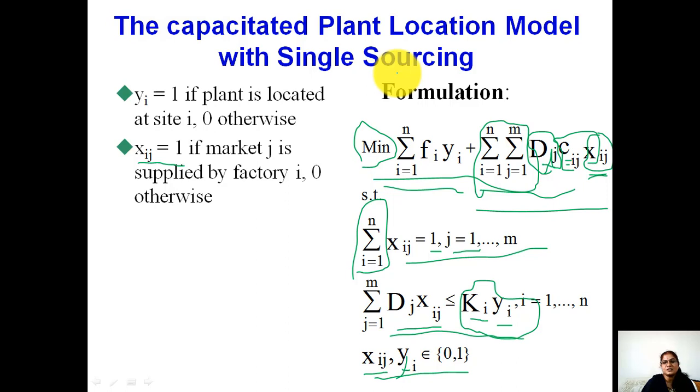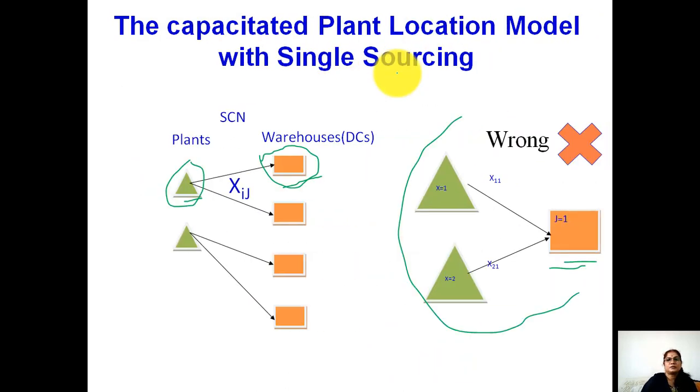If Xij is 1, then it's understood the entire quantity dj is getting transported only from that plant. So that is how dj is appearing here specially. This particular constraint has both the binary variables Xij and yi. So that's how the single sourcing model is functioning.